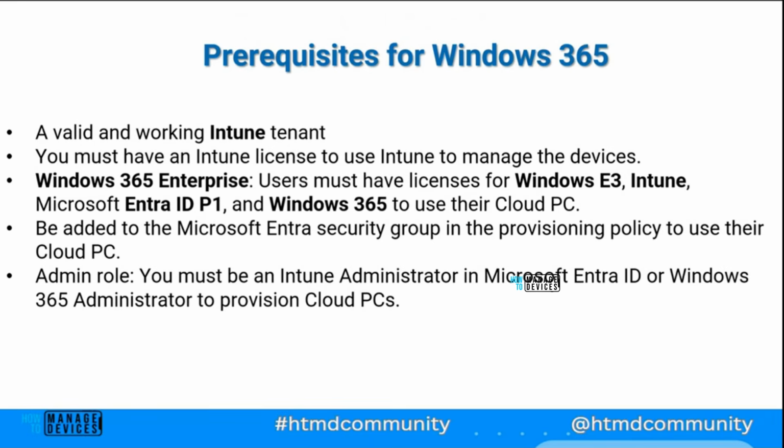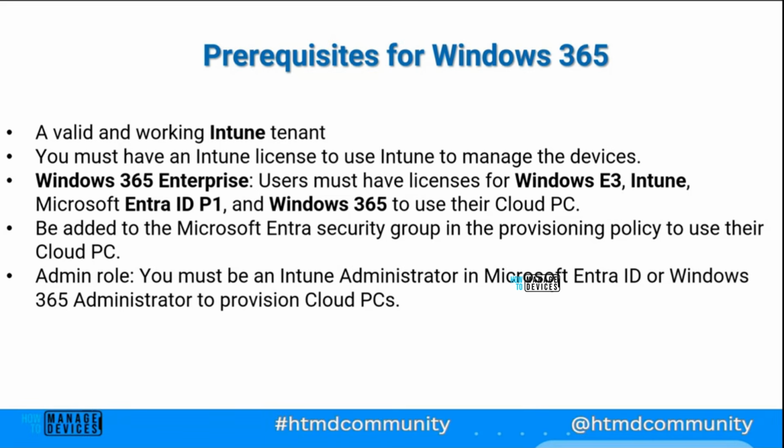Here I just mentioned the prerequisites of Windows 365, and how we can start Windows 365 in Intune. A valid and working Intune tenant is required, and you must have an Intune license to use Intune to manage devices. And you have to keep in mind that to integrate with Intune, we have to take Windows 365 Enterprise licenses.